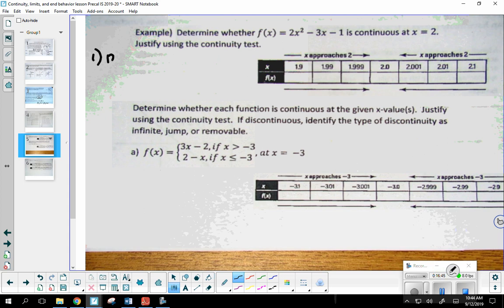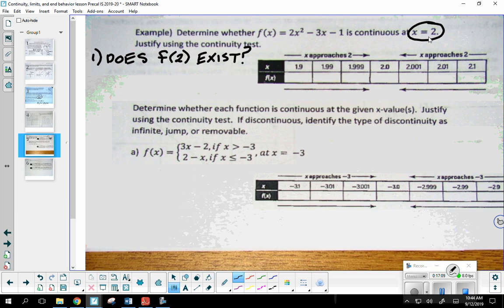It's always the same for every single problem. For step number 1, this is where you plug in your value of x. What value of x am I interested in? Is it continuous at x equals 2? So my first step, does f of 2 exist? Or do I have some kind of issue at that location?